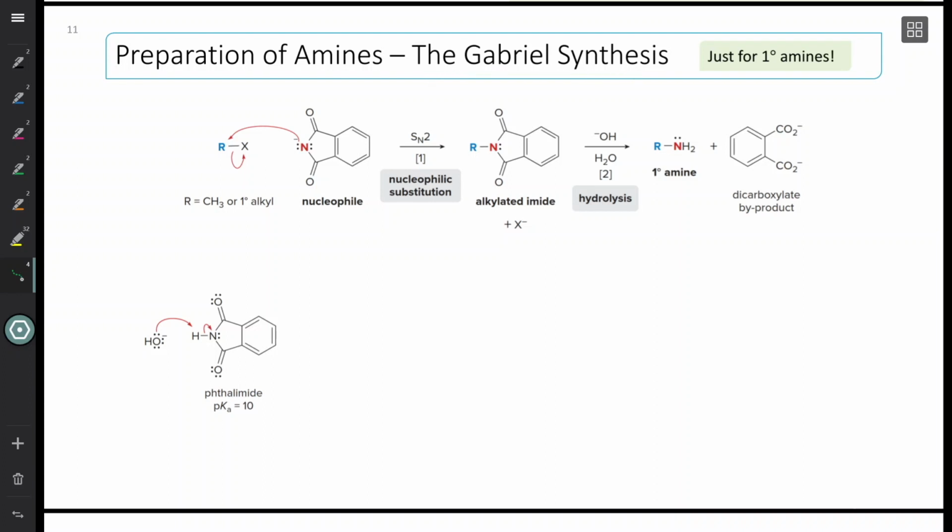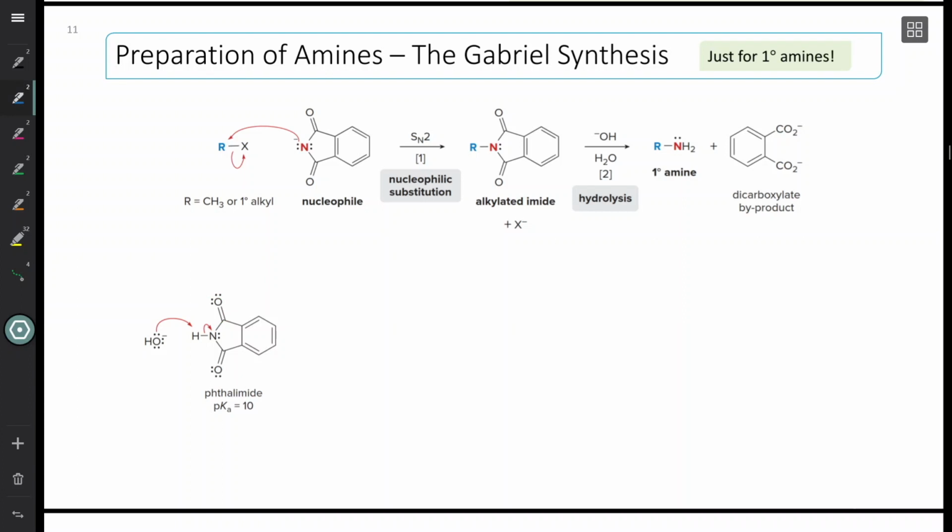Instead of just starting with ammonia, you start with a very specific amine, and that's phthalimide. Remember how we looked at, say, this section here, like an amide. This would be really not a very good base, right? Because you have that electron withdrawing group.